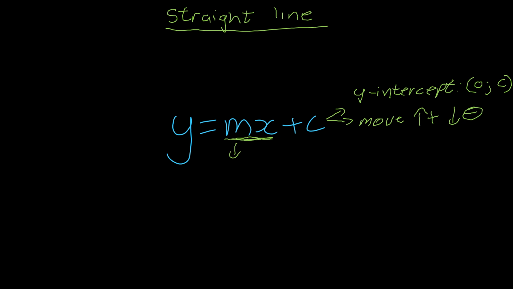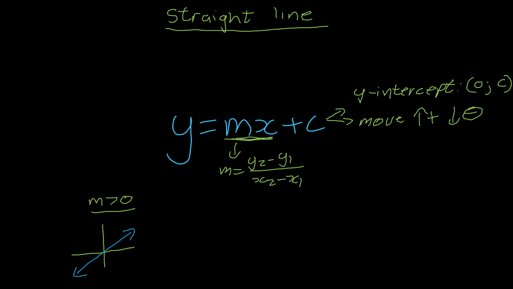Furthermore, the m, which is the gradient, just refers to the inclination, or how skewed the line is. And typically your gradient can tell you one of four things. If your gradient is positive, you know that you should have an increasing straight line, meaning as you read the graph from left to right, it goes up.